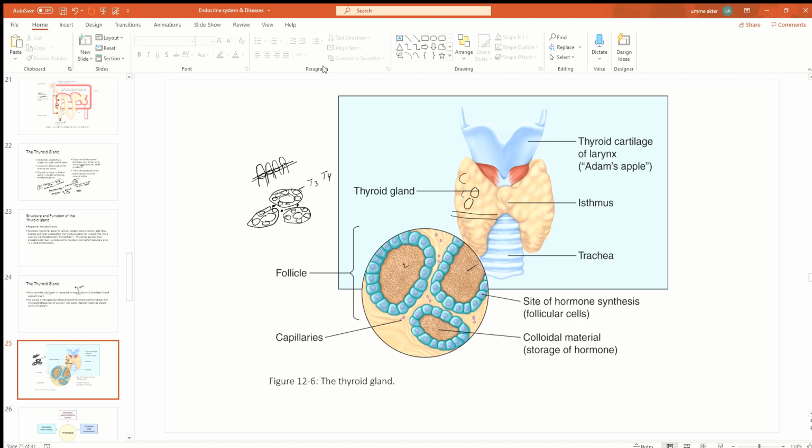You see here, they didn't show here, parafollicular cells, and they secrete calcitonin. Okay, now inside the lumen of the follicle you have that special type of protein that is called colloidal protein, and iodine binds with this protein to form T3 and T4. Okay, so that's why iodine is important.